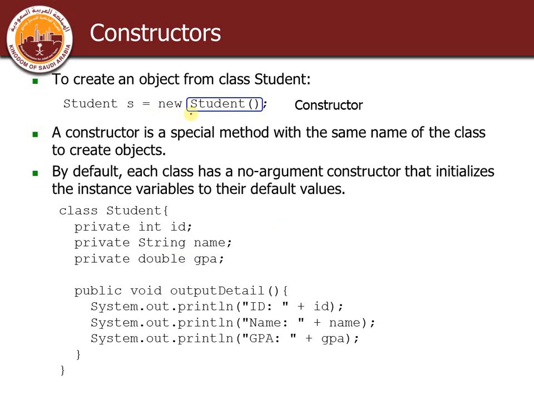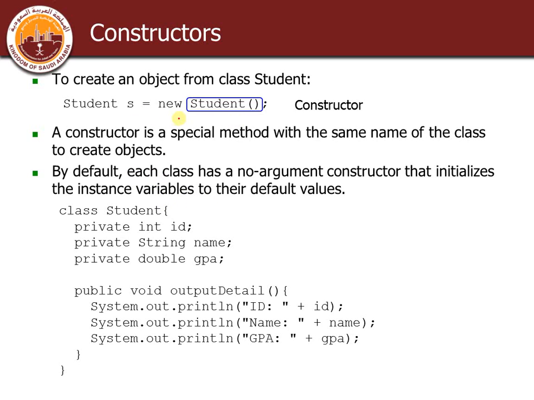When I'm calling this new Student with parentheses, default initial values are going to be put into those variables. For an int or a double, what is the default initial value? 0. For a String, empty, something like that. Actually it's null, but for the string it is either empty or null. I think it is empty in Java.